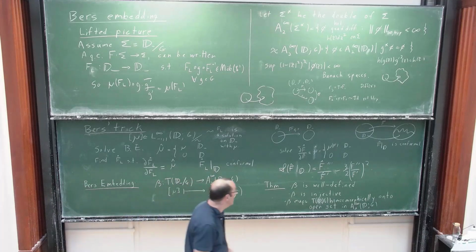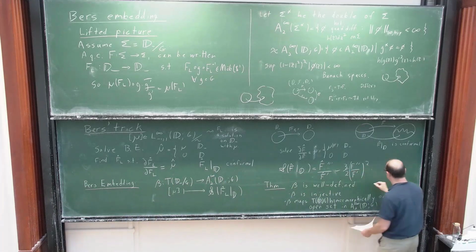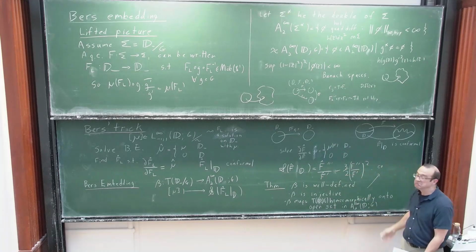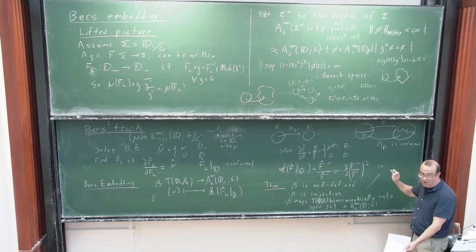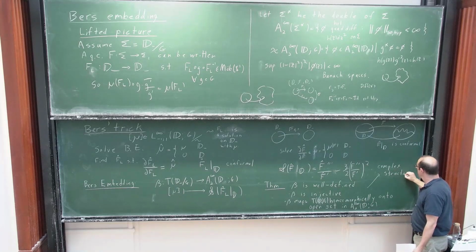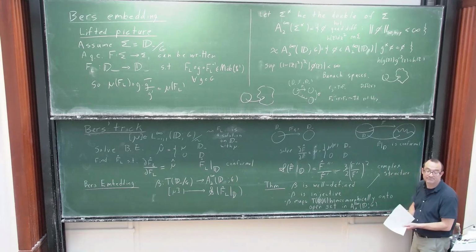And that's called the Bers embedding. And this is how you get the complex structure, because you just pull it back. It's one of the ways to get the complex structure. There's a half dozen. You just pull it back to the Teichmüller space, and that's your definition.